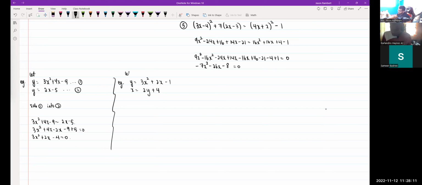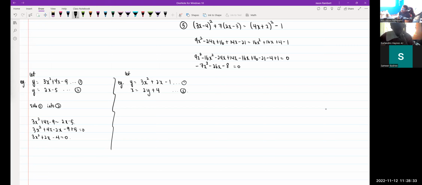I'll let both equations be 1 and 2. Now it's entirely your choice, all right? I highly doubt a question for CXC is going to come like this. Questions for CXC are going to come like the first example on the left.